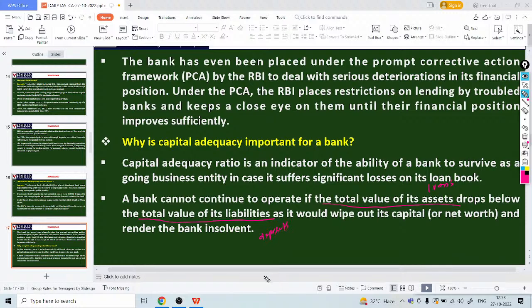It will wipe out its capital and render the bank insolvent. That means the loans given by the bank are less than the deposits it has taken. That means it is unable to manage its funds, so it is unable to lend money to the market. So loans are the asset for the banks and deposits are the liability for the bank.